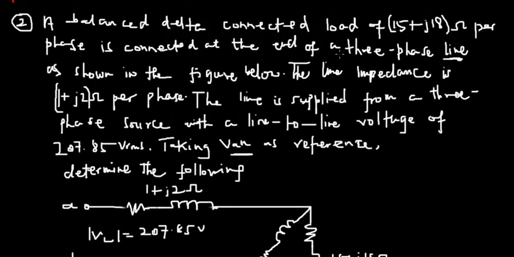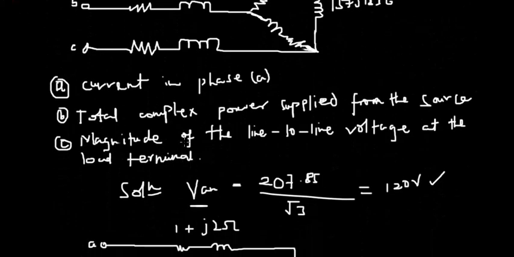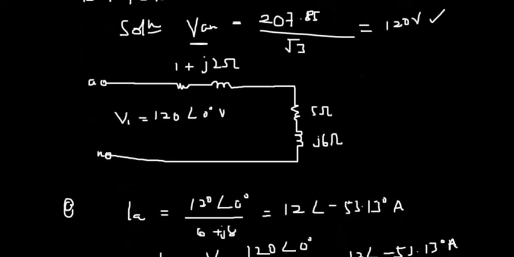Notice that we are given a balanced delta-connected load, and per phase it is connected at the end of the three-phase line. That's why initially I stated that you should take note of this point. The line is as shown in the figure below. Now the line impedance is this, per phase. So that's why we are calculating the magnitude of the line-to-line voltage at the load terminal.